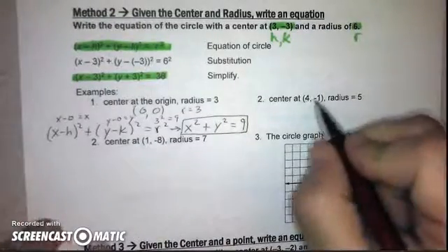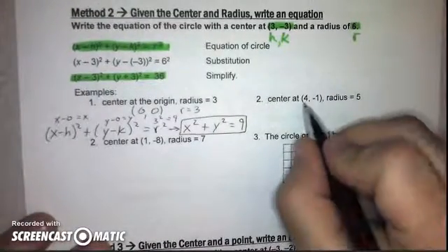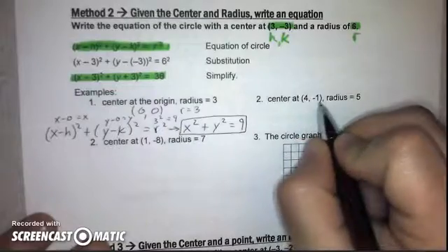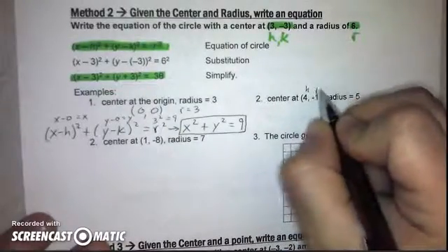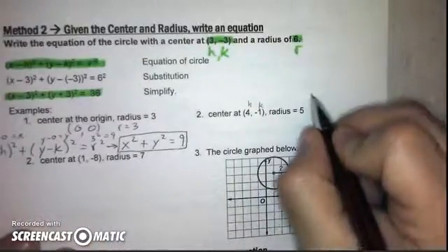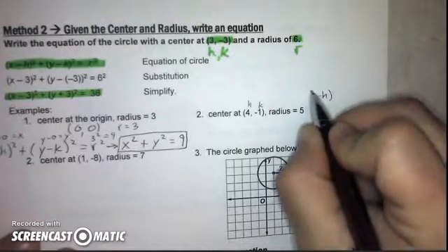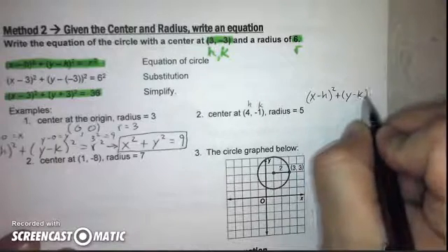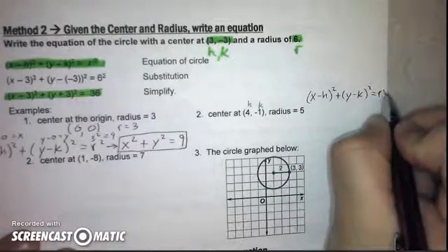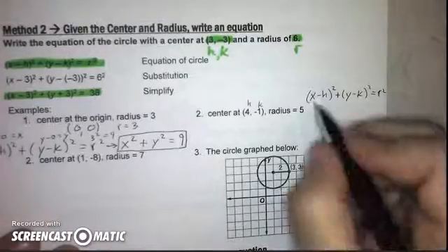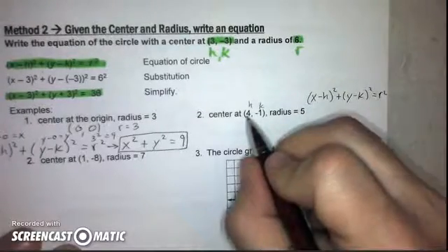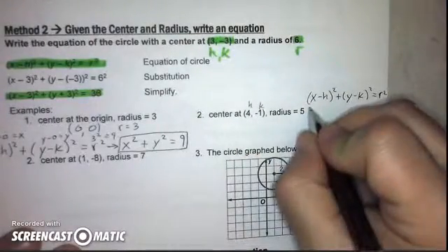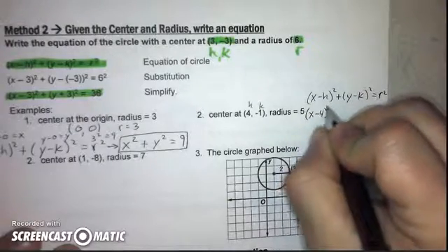Let's try one more when we don't have the center at the origin. Okay? Center's at 4, negative 1. That means that's h, that's k. So we need to start by writing our general form. X minus h squared plus y minus k squared equals r squared. And then we fill in what we know. H is 4, so that becomes x minus 4 squared.